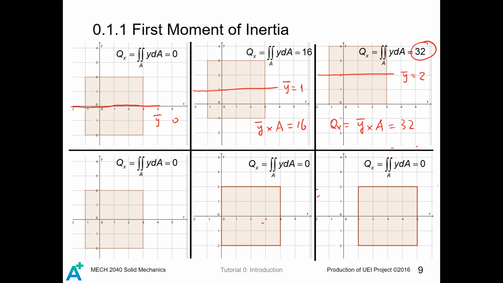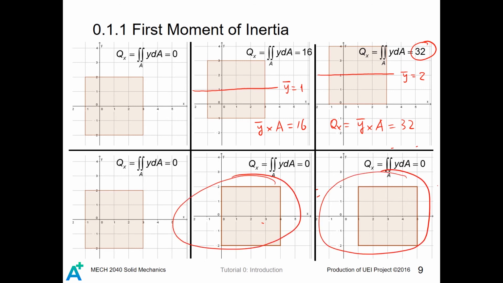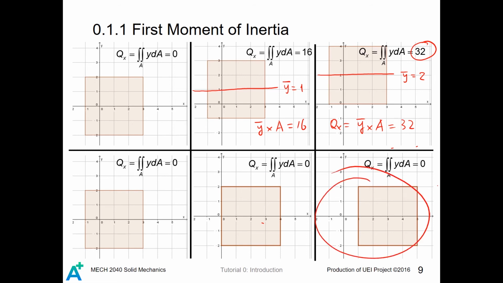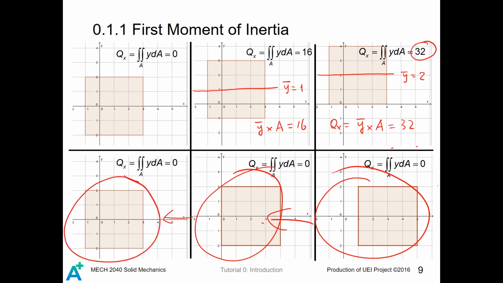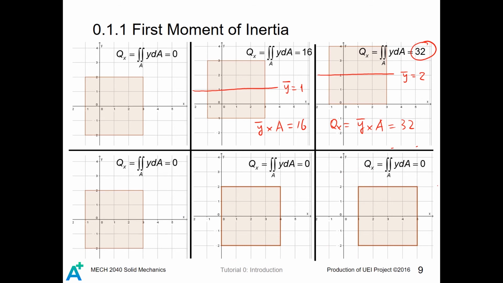Therefore, no matter how we transform the shape from left to right, or similarly from right to left, the first moment of inertia will still be constant, which is 0. The reason is that no matter how we translate the shape, it is always symmetrical about the x-axis, as you can see here.